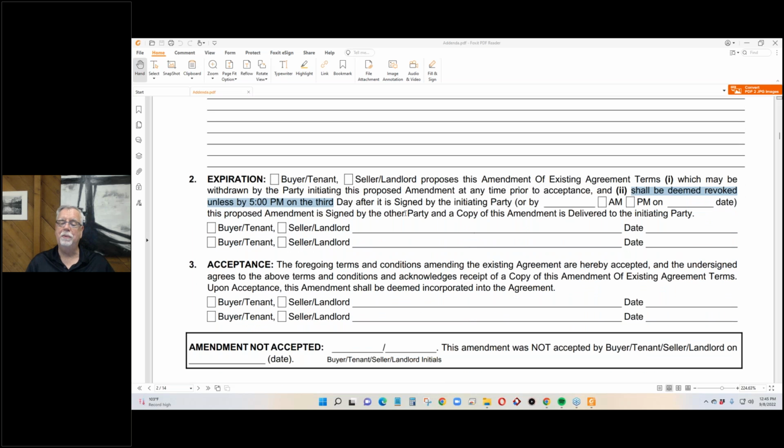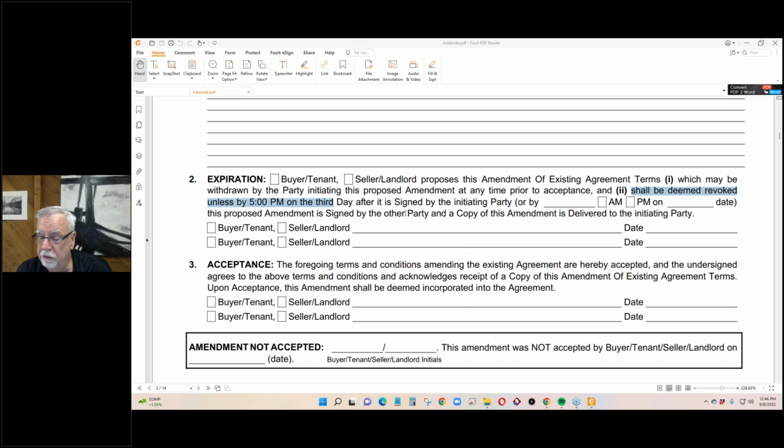And then there's a place for acceptance. So the way that scenario should have played out is the buyer fills out this form, an amendment proposal to receive a $10,000 credit. Seller says, no way, right? And then the seller writes one saying 5,000.